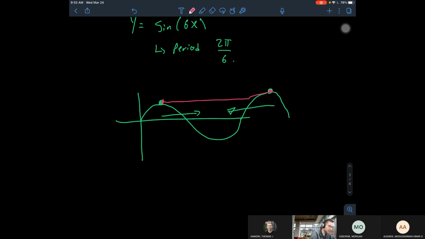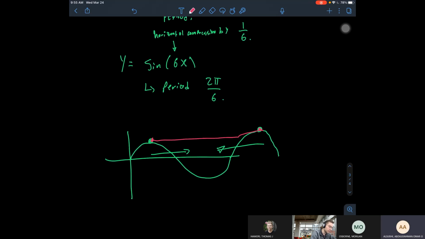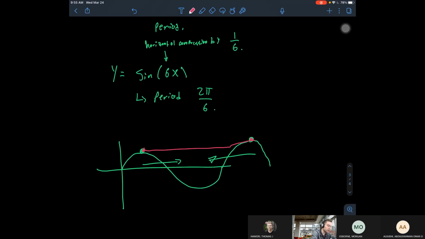And it gets compressed at the exact same factor. So if we have a horizontal compression by 1/6, then we have a period compression by 1/6. So you take 2 pi and multiply by 1/6, you get 2 pi over 6.